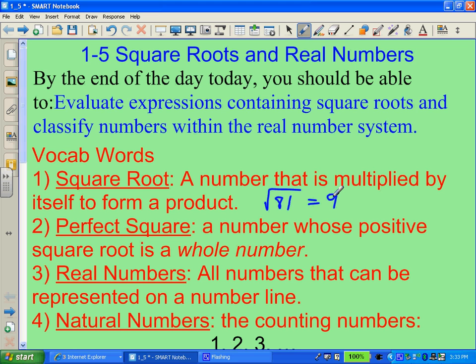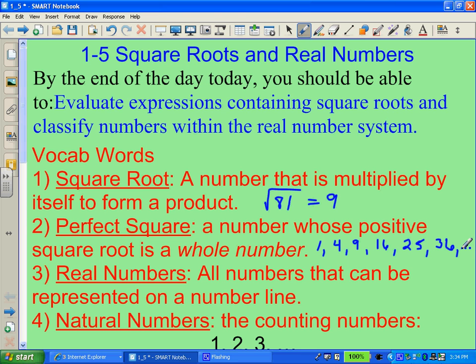The next thing that leads us to is perfect squares. Now, a perfect square is a number whose square root is a whole number. So 81 would be an example of a perfect square because when you take its square root, you get a whole number. If we make a list of perfect squares here, 1 is a perfect square because 1 times 1, 4, 2 times 2, 9, 3 times 3, 16, 4 times 4, 25, 5 times 5, and 36, which is 6 times 6, so its square root is 6.